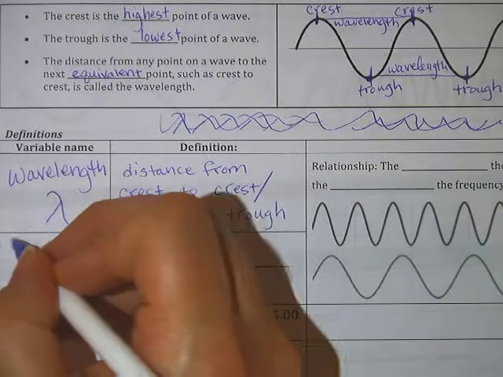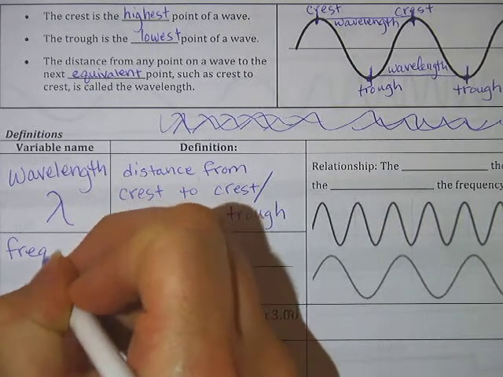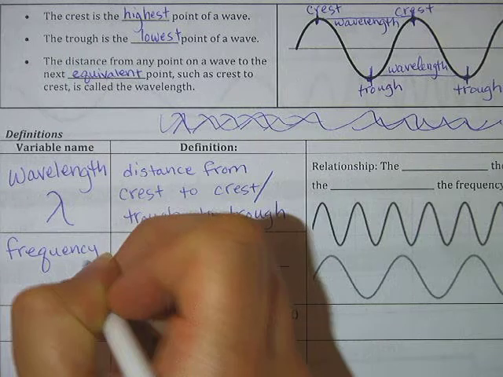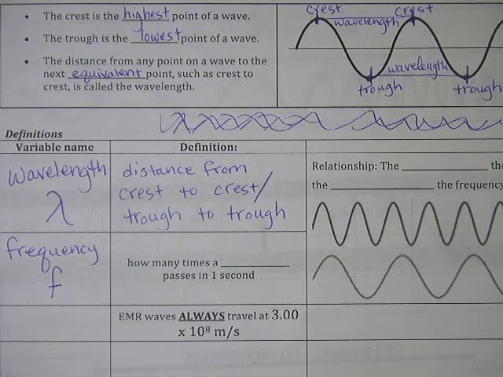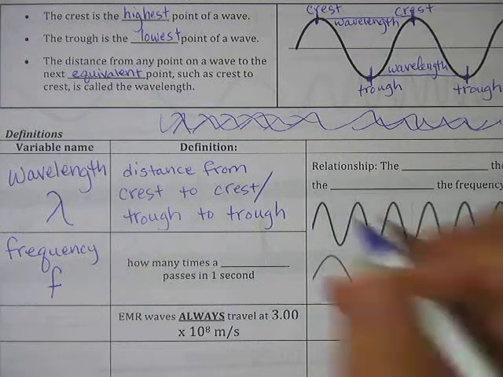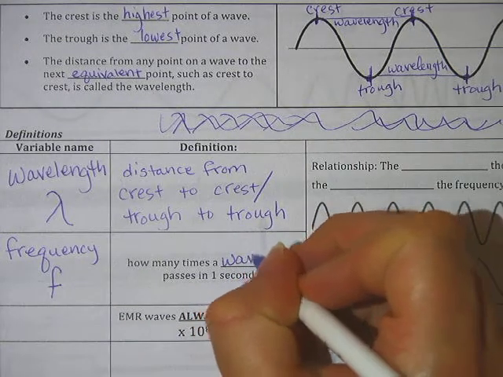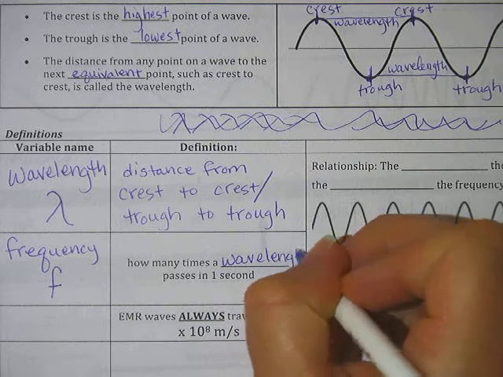We can also talk about frequency, which we abbreviate with a lowercase f for our variable. Frequency is how many times a wavelength passes by in 1 second.